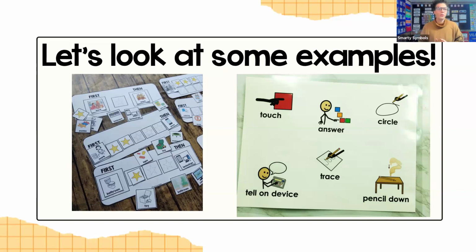We're not going to get into those today, but they are a type of schedule that students can use to understand that first they're going to do one task, then they're going to complete another. As you can see, there are lots of visuals supporting them to understand what it means to work, or that we're going to use the bathroom. So instead of just having the word bathroom, we have the picture of the toilet, something common that students would know is in a bathroom.